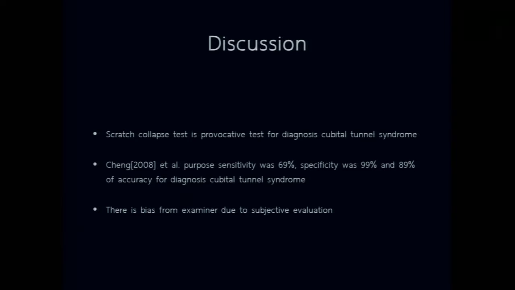So the scratch collapse test is a provocative test to diagnose cubital tunnel syndrome. Dr. Cheng et al. proposed a sensitivity of 69%, specificity of 99%, and 89% accuracy for diagnosis of cubital tunnel syndrome. There is a bias from the examiner because it is a subjective evaluation.